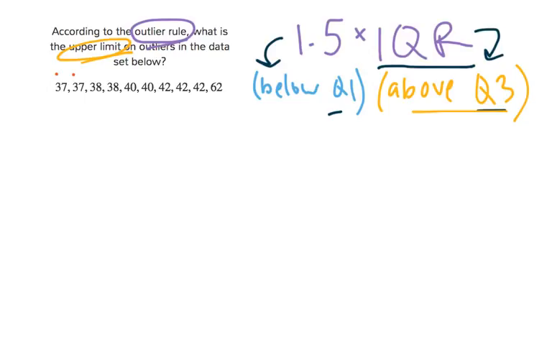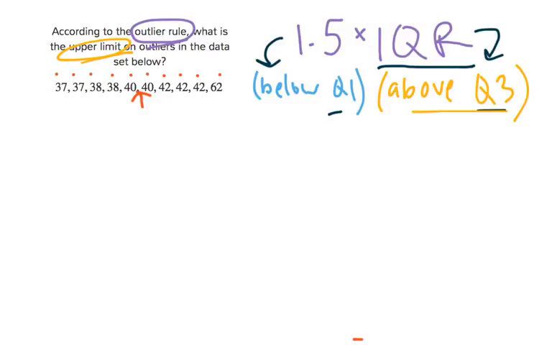So let's see, we have 1, 2, 3, 4, 5, 6, 7, 8, 9, 10 data points. So right between 40 and 40 here, that's our median, which means that our median is 40. But we don't really need to think about what the median is.